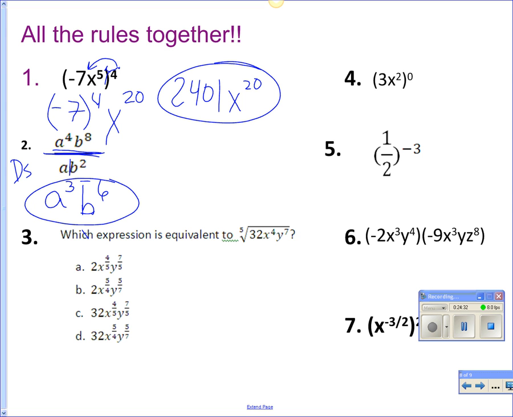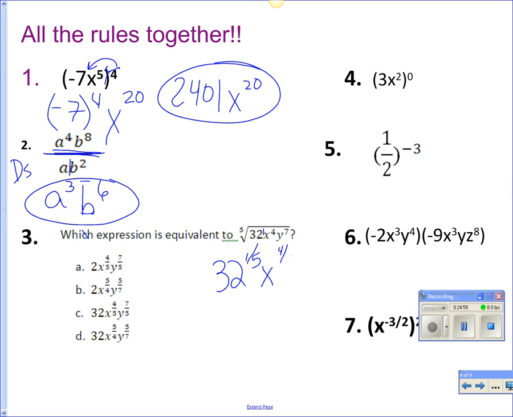Okay. All right, number 3 is one that I'm going to have to rewrite. So I've got a 32. Elijah, what number do I put with this 32 right here? A 1. So it's going to be 1 over 5. Stephen A., what's it going to be for the x?